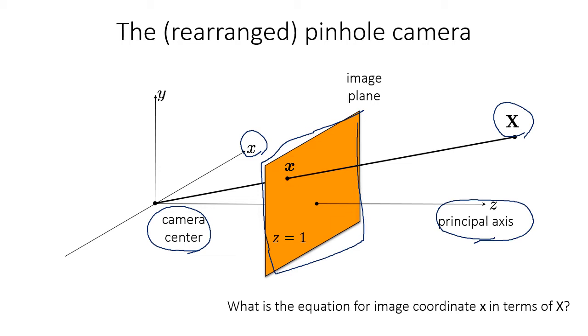So this camera matrix transforms a 3D point in the world coordinate into the image plane, or camera plane. This image plane is at z equal to 1 because we let focal length f equal 1. So what is the equation for image coordinate x in terms of 3D point X?